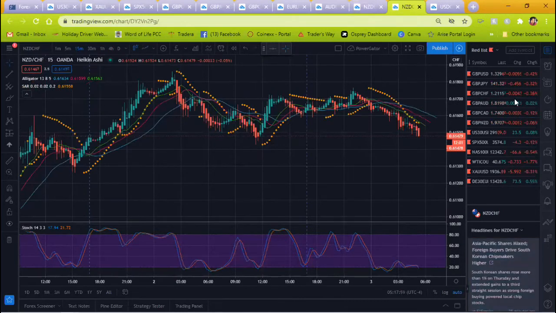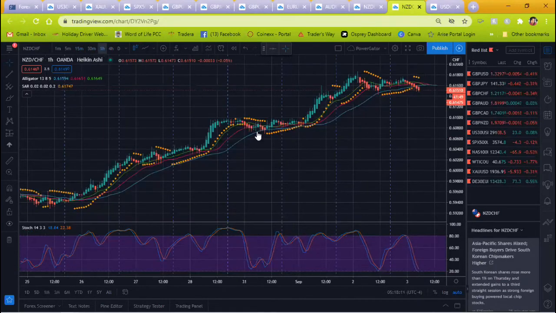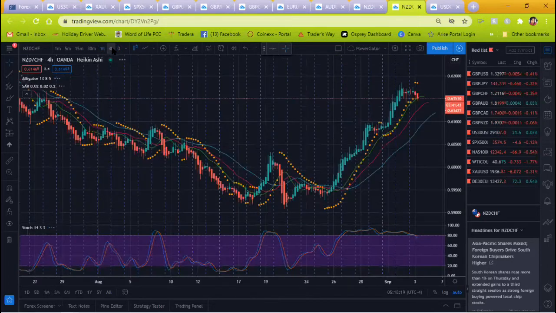All right, so it looks like it's a pretty nice sale. The alligator mouth is wide open. And the 1 hour is also in a sale. The green has just crossed the red and the blue. All right, the 4 hour, that was a nice strong buy that it was in, but it's got some pullback going on right now.